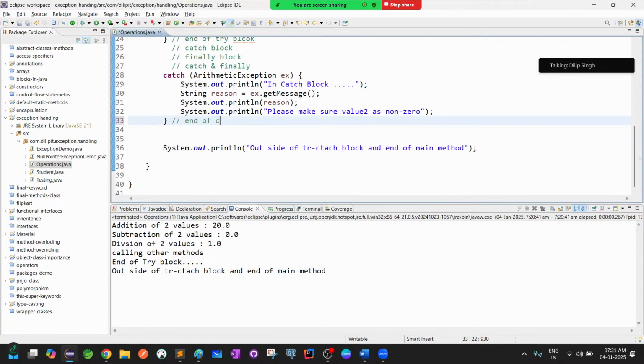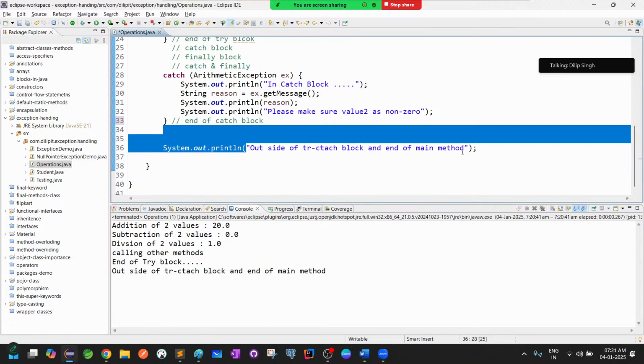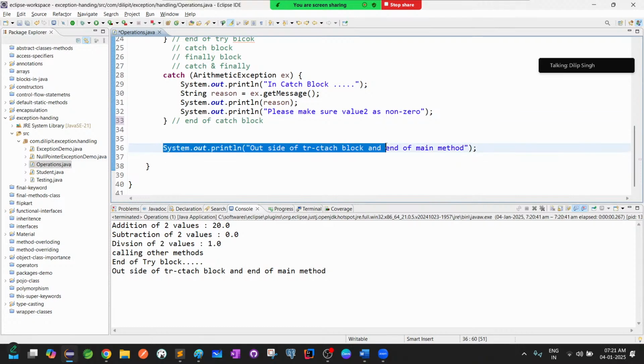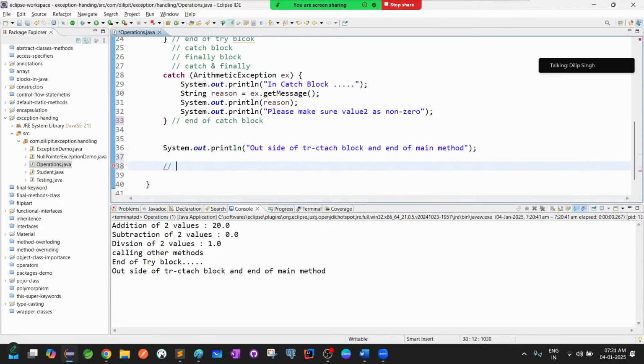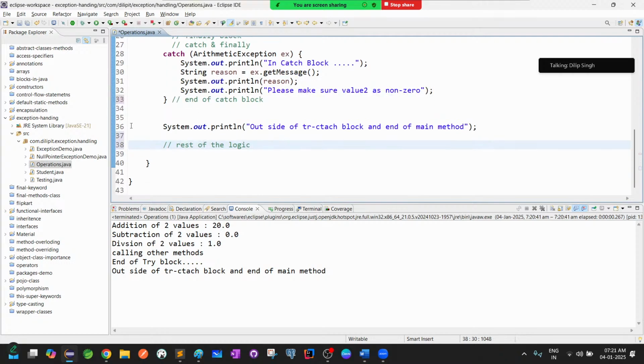So after the end of the catch block, that logic will be executed. If you have any rest of the logic, all of that is executed.